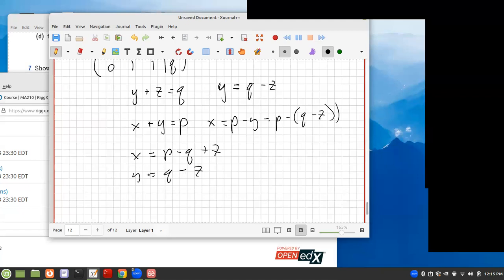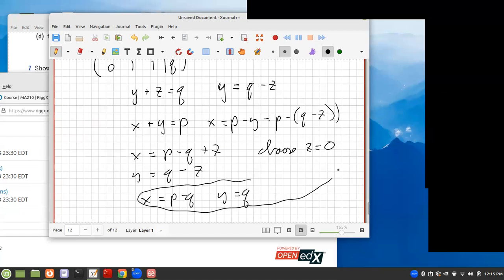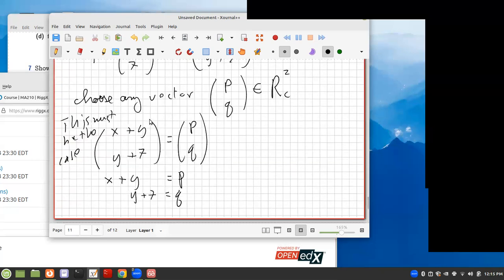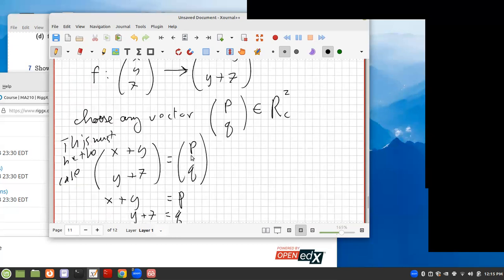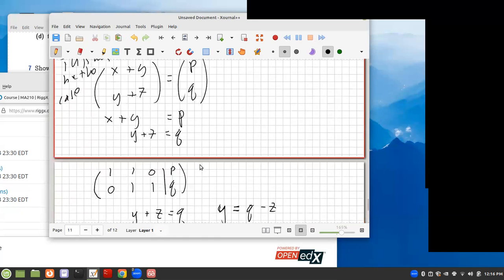And so what we can do is we can always choose Z equal to 0, and then X equals P minus Q and Y equals Q. That gives you a vector in R3 that maps to any PQ, because if you want to find PQ, you choose Z equal to 0 and Y equal to Q, and then X equals P minus Q. That's what this says.